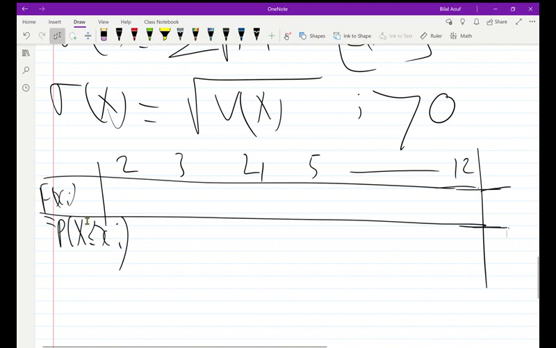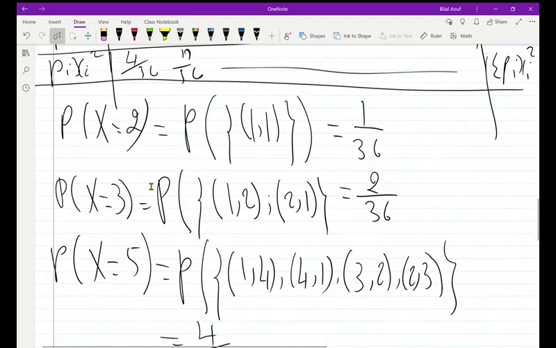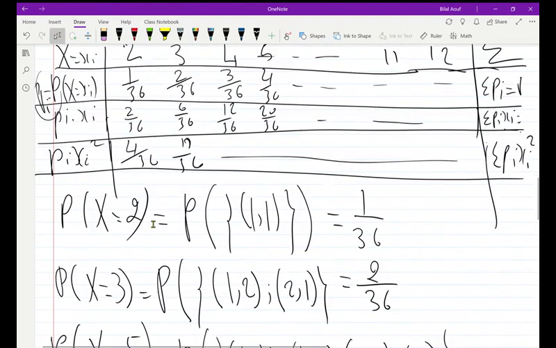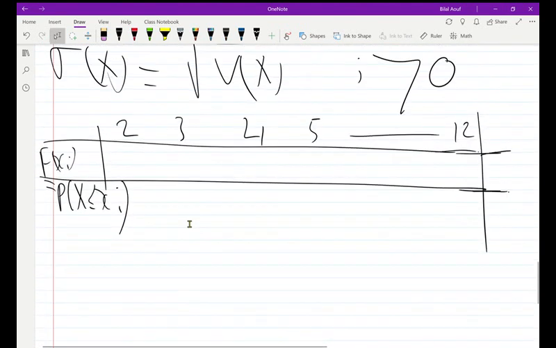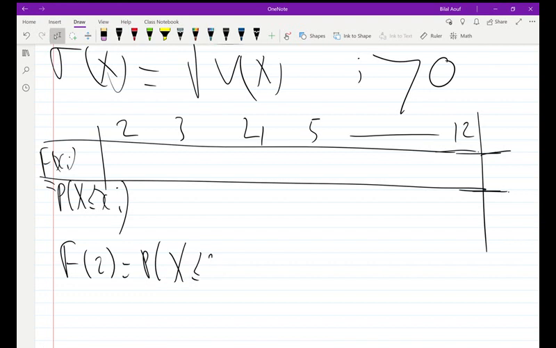For example, if x equals 2, is there any probability before it? No. So F(2) is the probability of X less than or equal to 2. There's nothing before, so it's only the probability of X equal 2, which is equal to 1 over 36.